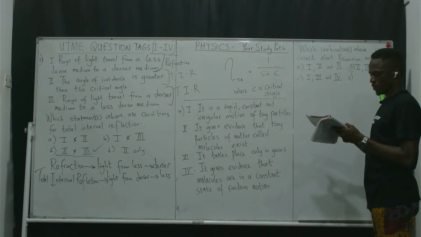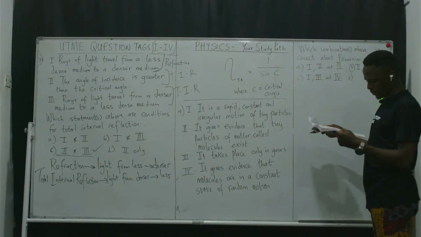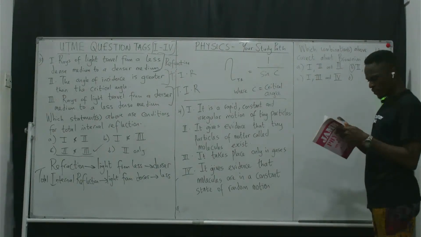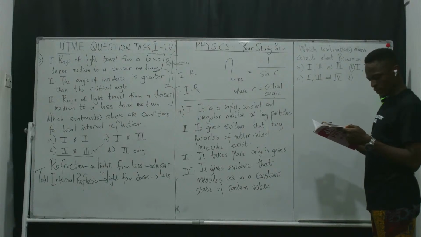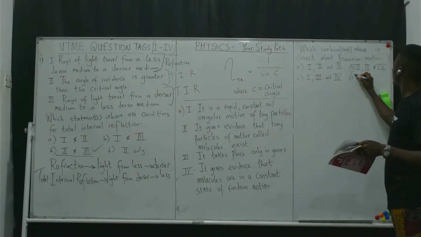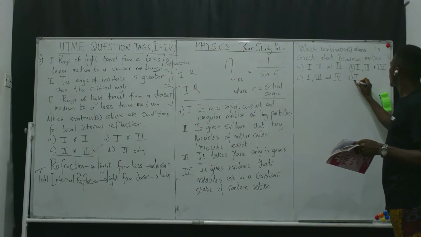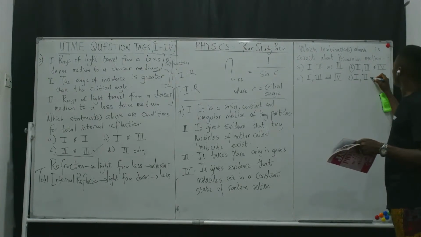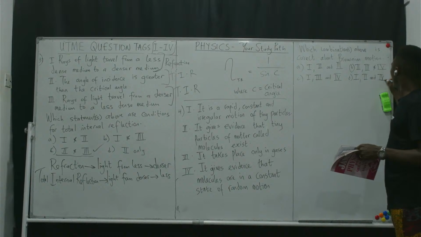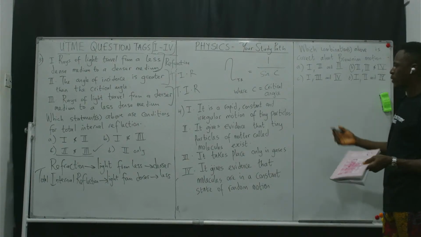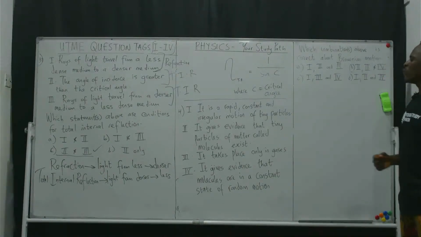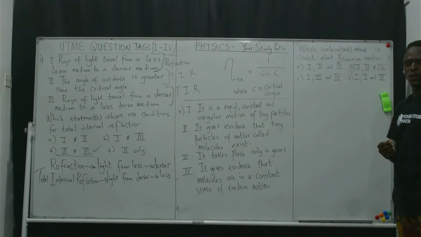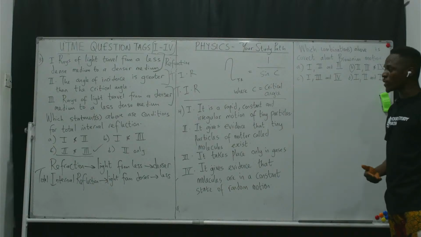D says III and IV. So here we go. Which of the options do you think is wrong? Remember, they play on your intelligence, asking questions, and they make minor twists to what you have. Here now, almost everything is looking correct.